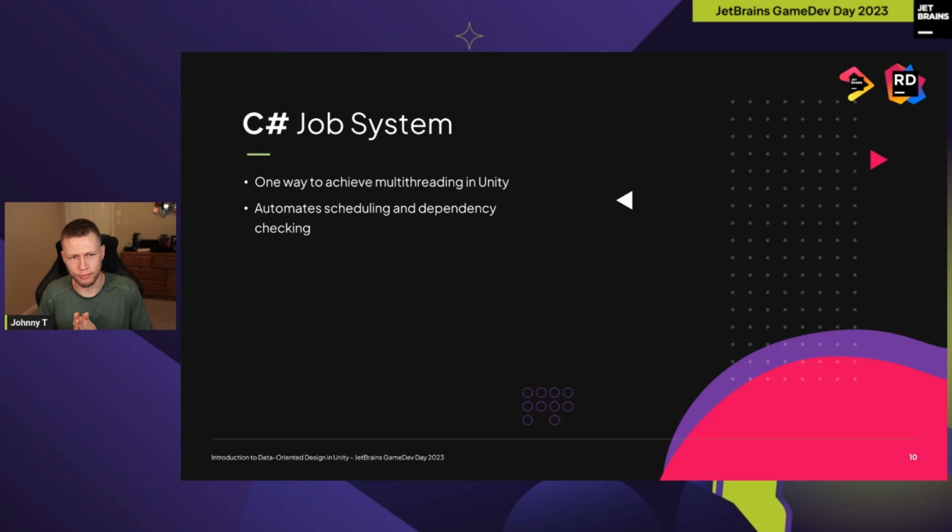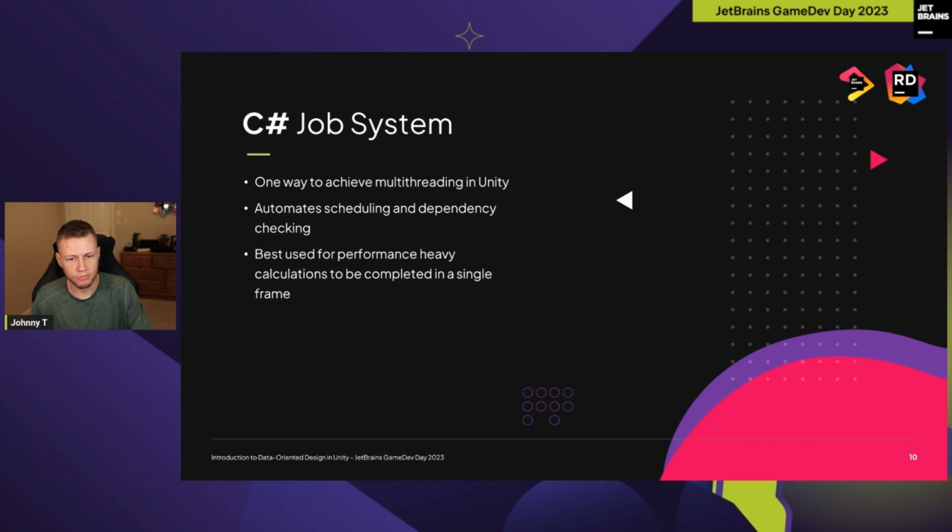So we need to make sure that all the jobs are completing at the right time, so that we get very deterministic results, and when we're reading data, the changed data is going to be exactly as expected. And it's really nice that Unity handles a lot of that nitty gritty stuff for us. So we just don't need to worry about it all too much.